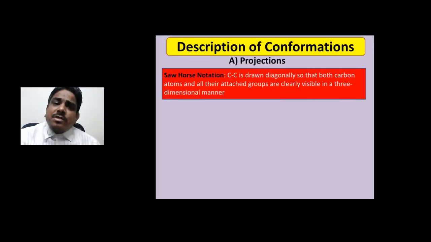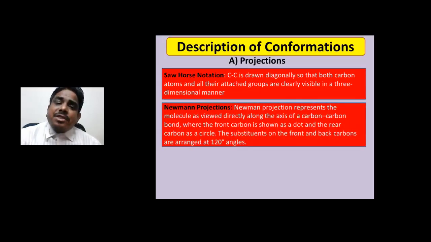The first way is the Sawhorse notation or projection. In this, the carbon-carbon bond is drawn diagonally so that both carbon atoms and all their attached groups are clearly visible in a three-dimensional manner. The second projection is the Newman projection formula.